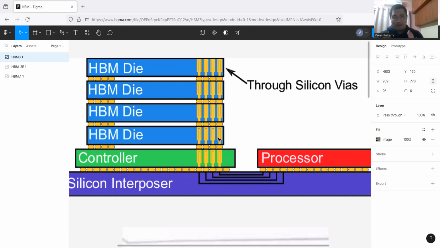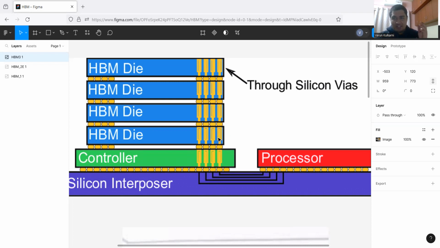When we compare the high bandwidth memory to the previous generation of memory storage, we can clearly see that HBM has taken a big leap in memory storage.